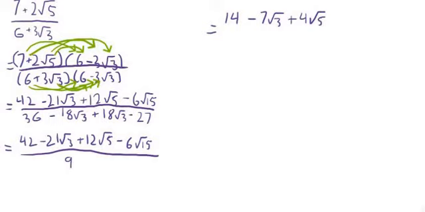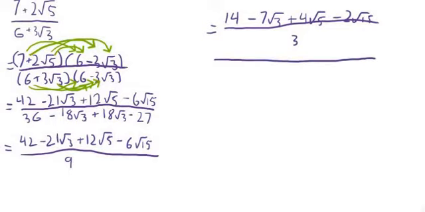And 6 divided by 3 is 2, so minus 2 root 15. And 9 divided by 3 is obviously 3. So this is the final answer for this question.